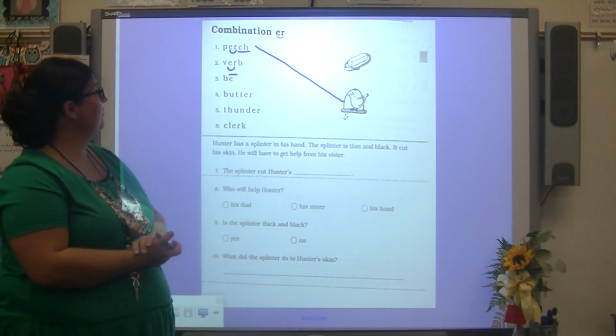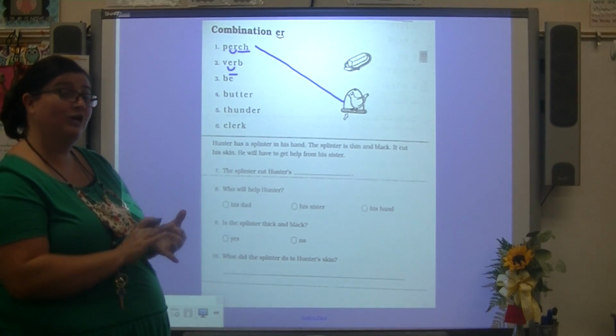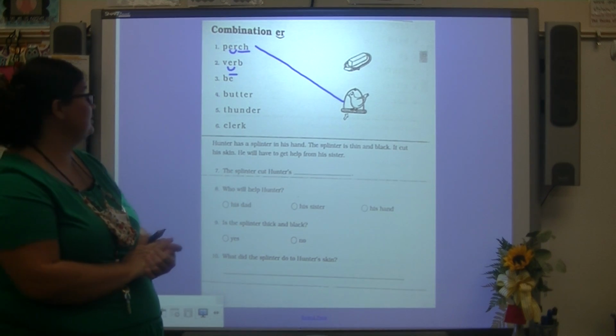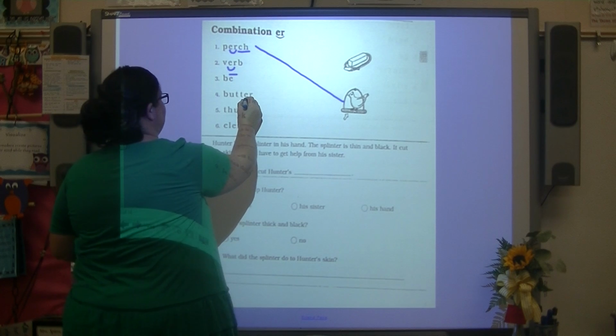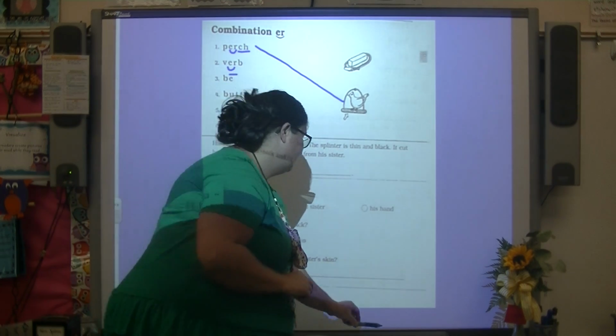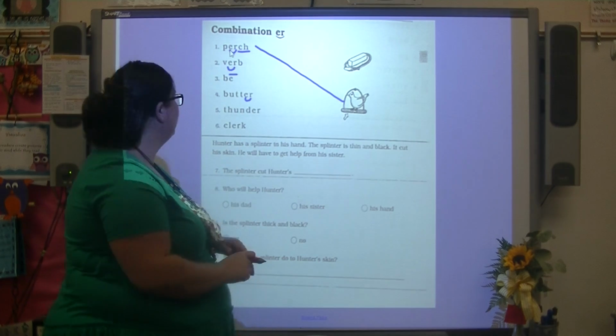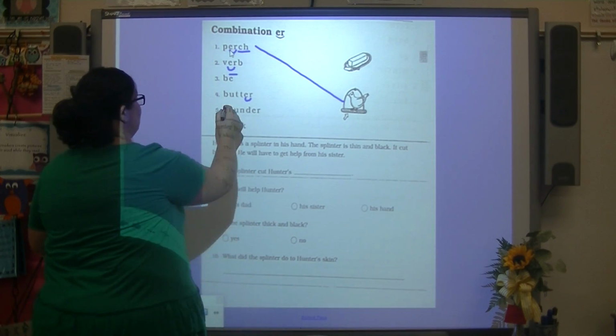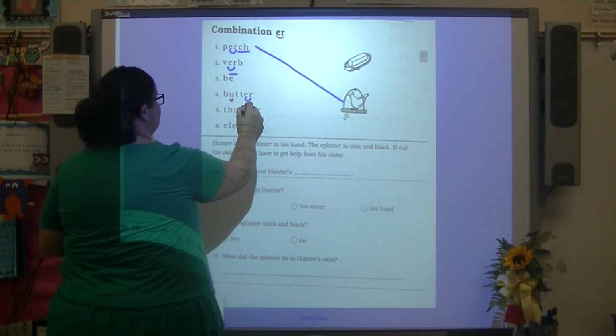And the next word, do we have digraph or combination? We have a combination. Code it. Right, now, if you notice, there's more than one vowel. So we're going to have to look.